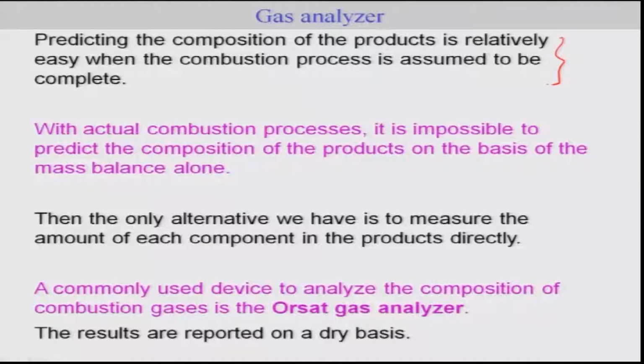However, it is not possible to predict the composition of the product on the basis of mass balance alone with an actual combustion process. So the only alternative we have is to measure the amounts. Many times it's not feasible to assume that the combustion is complete, and thus it's critical that you analyze the product gas composition.